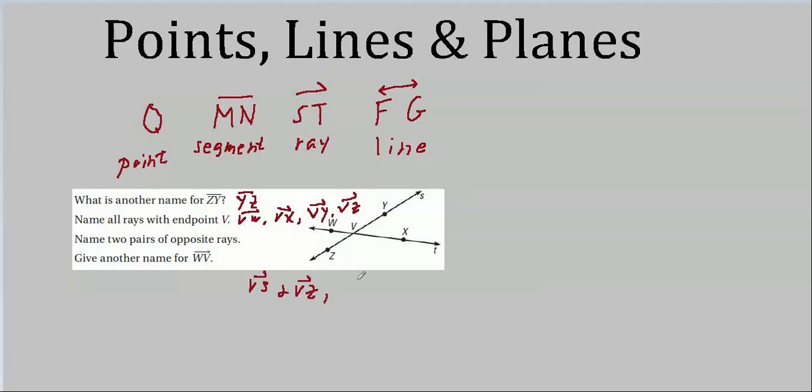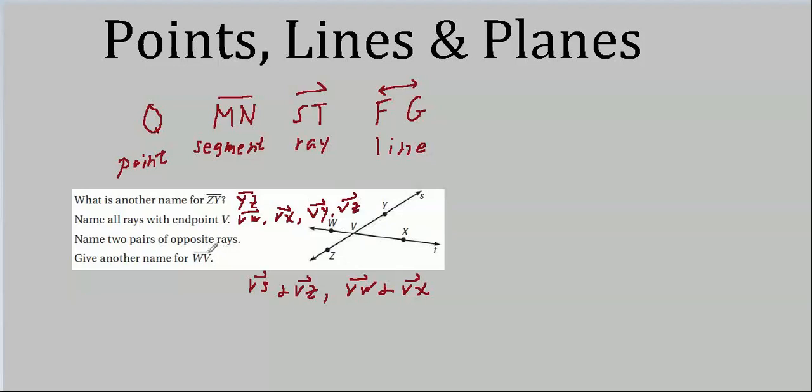The other pair is VW and VX. Those are the two pairs of opposite rays. This VW starts here and takes off that direction. VX starts in the same place but takes off in the opposite direction. Hence, opposite rays.